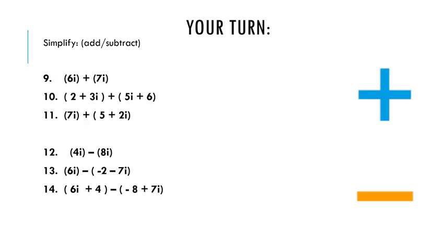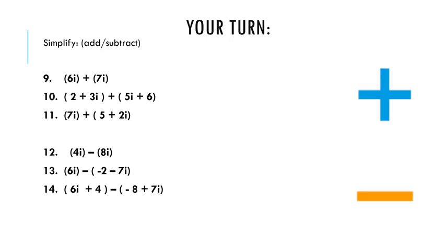All right, this one has ones in front, so we have 7i plus 5 plus 2i. Combine like terms. 5 is by itself, but we can put these two terms together, giving us 9i. All right, okay, here we go. This one, we're subtracting. Remember, when you have a negative, you've got to distribute.